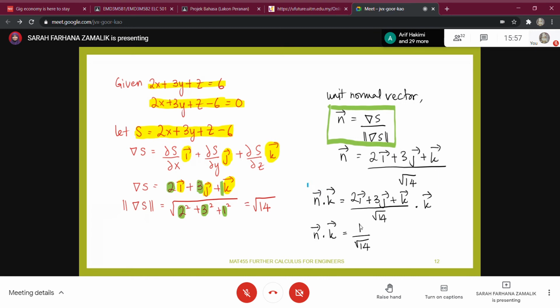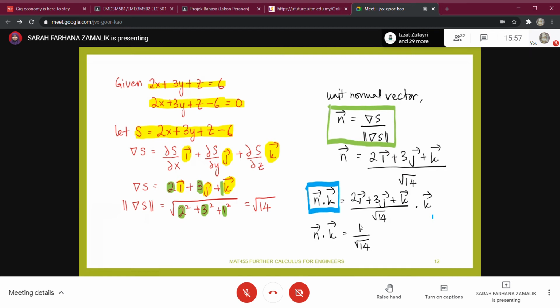Kena tahu, okay, kalau vector kita dot product, kita buat apa? Multiply with the corresponding component. So n, unit normal n dot with k here. So 2i vector plus 3j vector plus k vector divided by square root 14 dot with k. So apa yang berlaku kat sini? You multiply the same component. In this case, I dekat sini, tak ada pun I dekat sini. So yes, 0, tak ada pun.